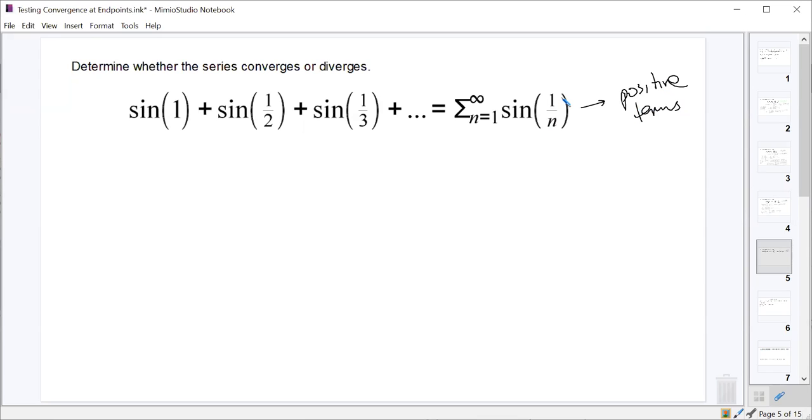Because this one doesn't quite look like all the other nice little rational functions that we had. Any thoughts on what we might want to compare this to?